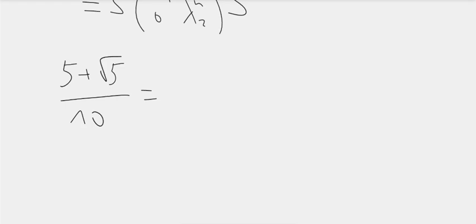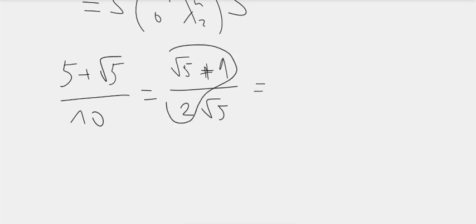Let's divide both numerator and denominator by the square root of 5. Then we have 2 square root of 5, and here square root of 5 plus 1. And notice that this is exactly lambda 2. So it's lambda 2 divided by square root of 5.